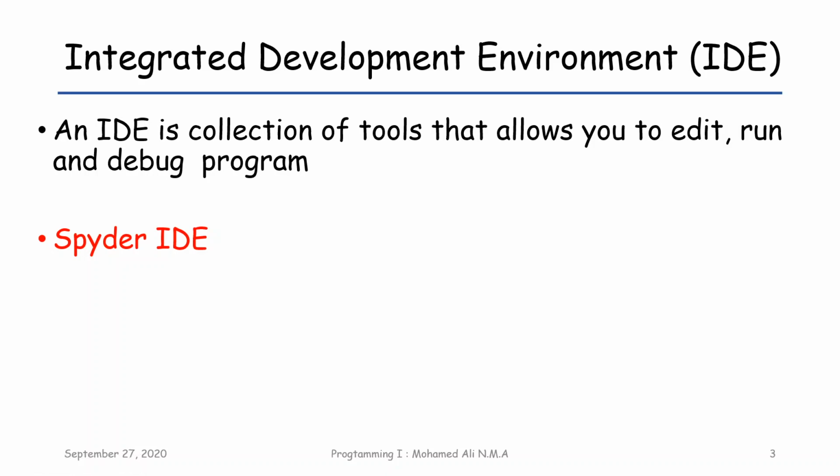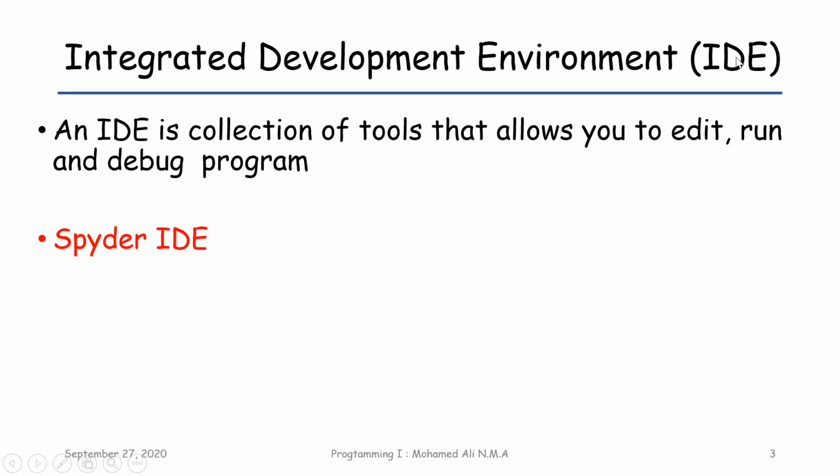Debugging means if you make some mistakes in your program, we need to fix the errors. This process is called debugging. So for editing, running and debugging, we can use the IDE.